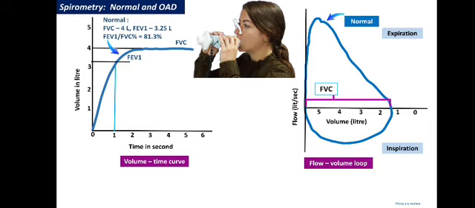In the volume time curve we can see the forced vital capacity has been measured, and the FEV1, that is the forced expiratory volume, the amount of air blown out in the first second of respiration. The ratio of FEV1 and FVC is 81%. In the flow volume loop on the right side we can see a bell-shaped loop, and the upper portion of the loop is the expiratory loop and the lower portion is the inspiratory loop.